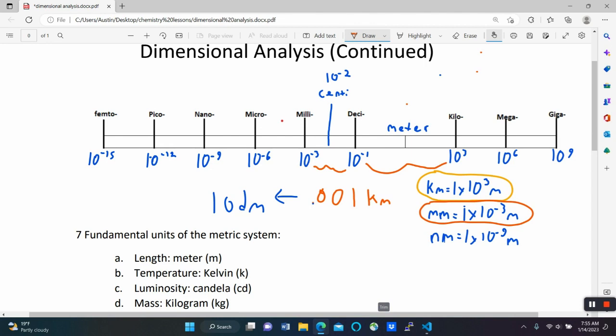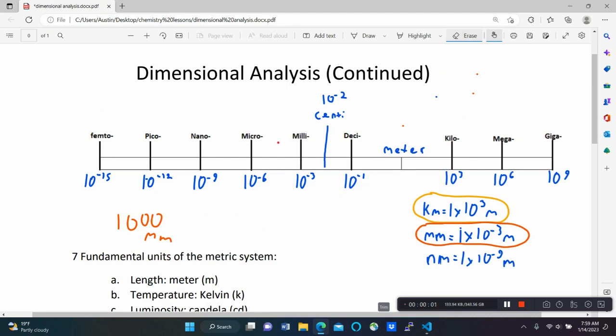So if we want to convert from 10 decimeters to the equivalent length in millimeters, what we have to do is move the decimal point 2 units to the right. So what would that give us? Well, 1,000 millimeters.